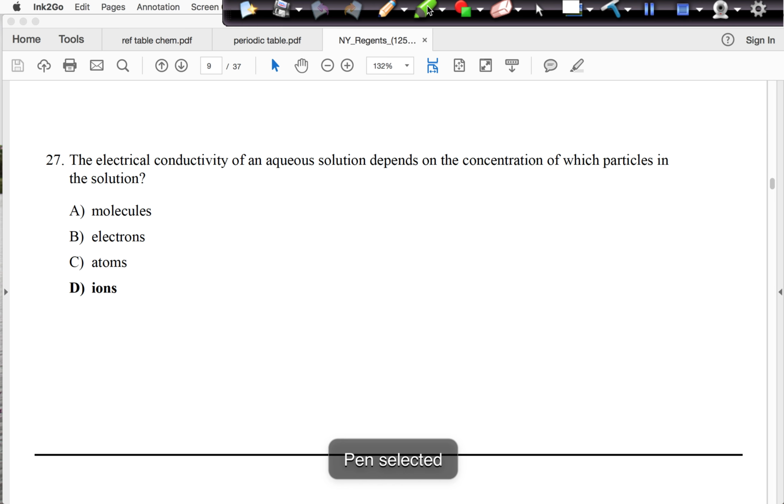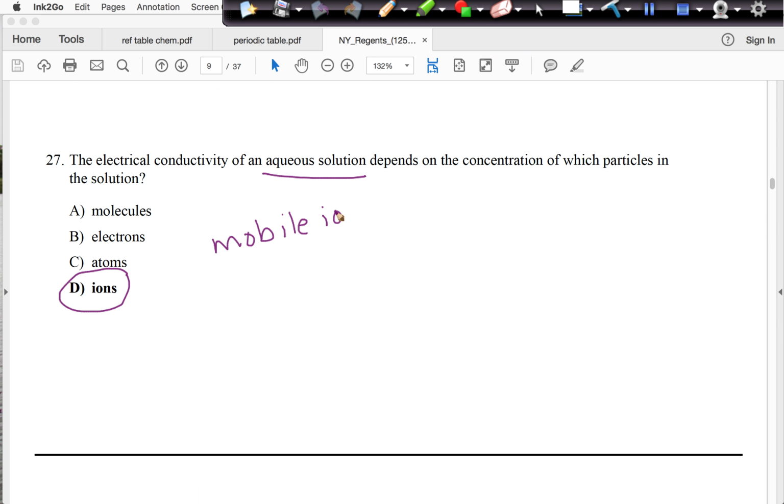Number 27, the electrical conductivity in an aqueous solution. We said that solutions conduct when they have mobile ions.